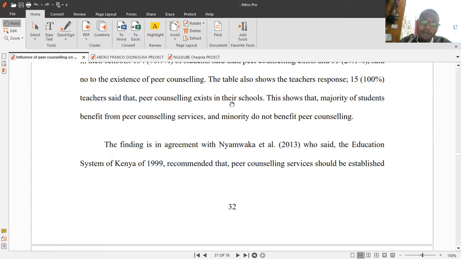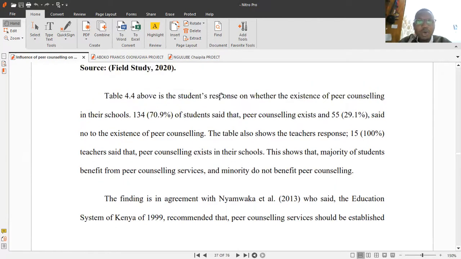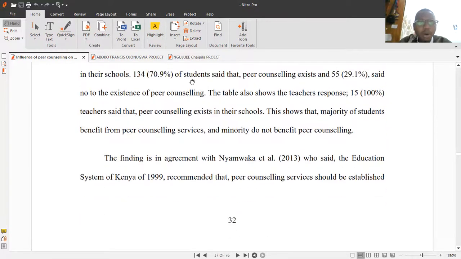During your literature review, you talked about it, and then this was one of the questions that you asked. Now, to support your finding, you bring that author who talked about peer counseling in schools, and you bring it here to support your findings.